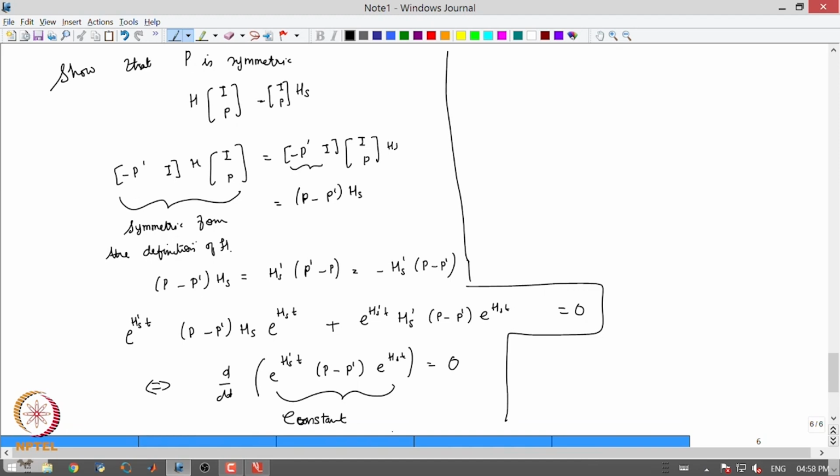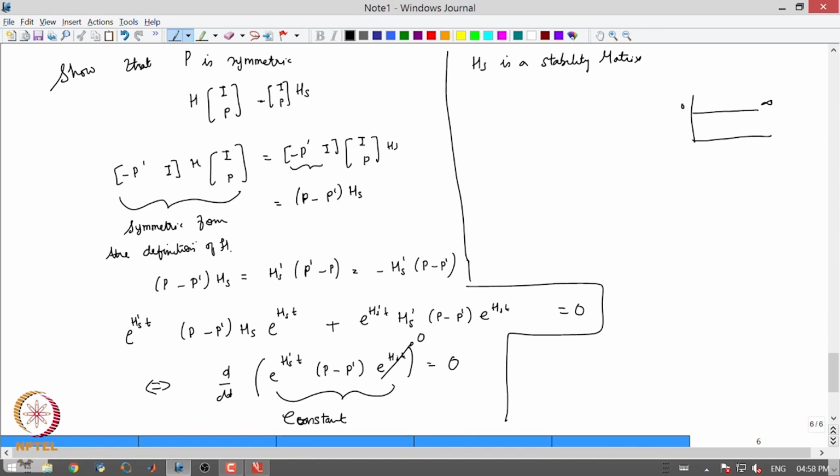Now, what do we know? We know that Hs is a stability matrix. If Hs is a stability matrix, this term will go to 0 as t goes to infinity. And therefore this function is a constant. Whatever is the value at infinity should also be the value at 0.